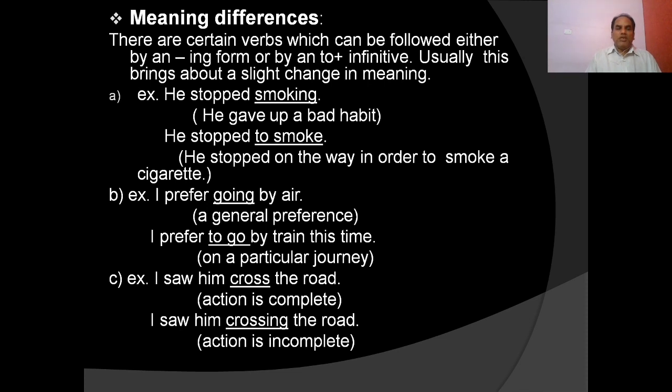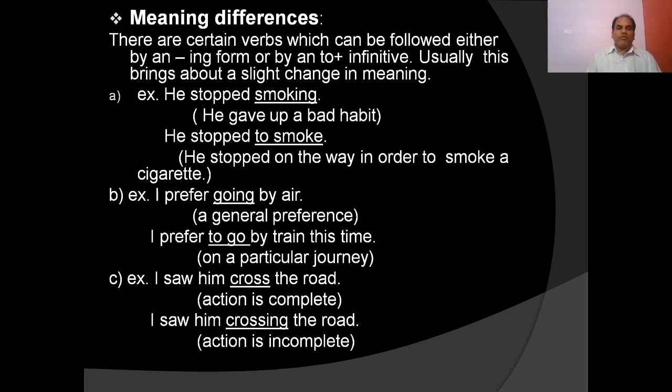And he stopped to smoke, the meaning is different. That means he was on his way and he stopped. Suppose he was in his car, he stopped somewhere under a tree on the way. Why? In order to smoke a cigarette. So he stopped smoking, he stopped to smoke are both used, but the meaning is different.